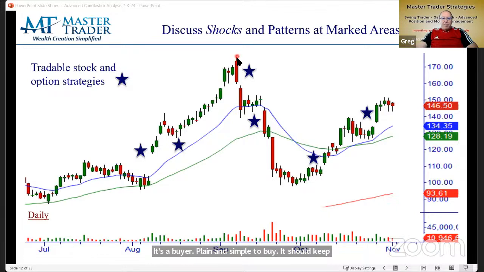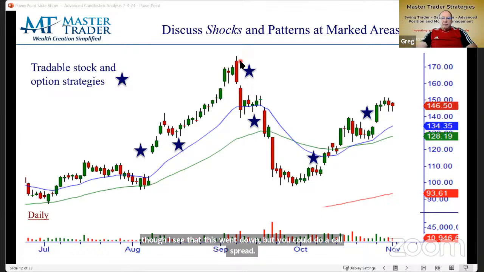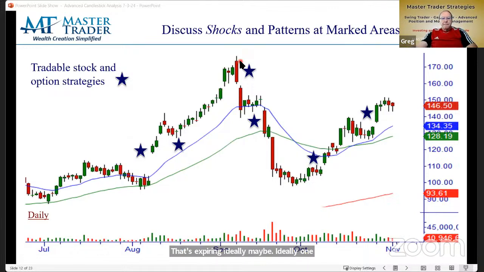Look at this gap up reversal. Very potent bearish reversal. What do I do with that? Well, at that point, I'm not going to short this, even though I see that this went down. But you could do a call spread that's expiring ideally 1 day, 0 DTE, 5 days. So prices get extended. You get a gap up reversal. It's $170 stock.